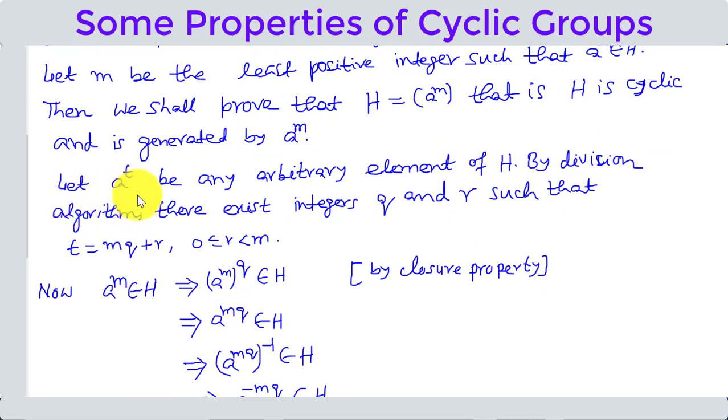Let a to the power t be any arbitrary element of H. By the division algorithm, there exist integers q and r such that t is equal to mq plus r, where 0 is less than or equal to r less than m.